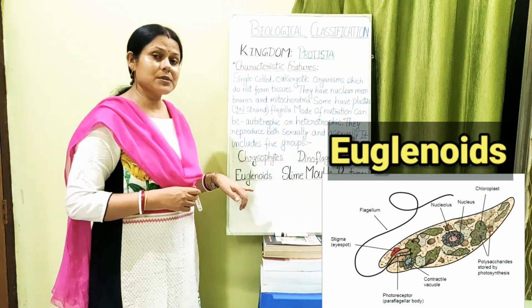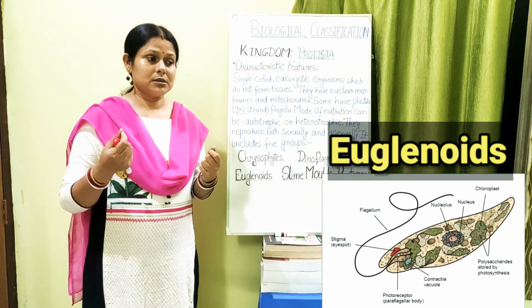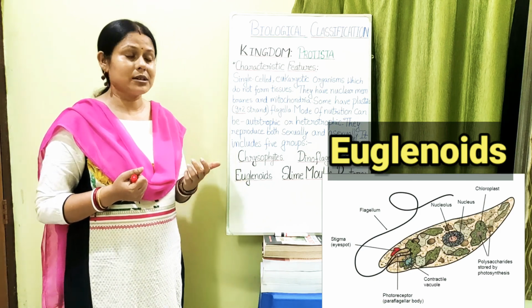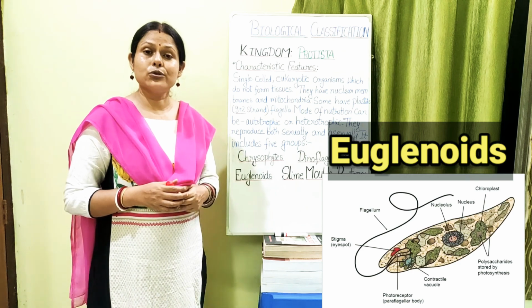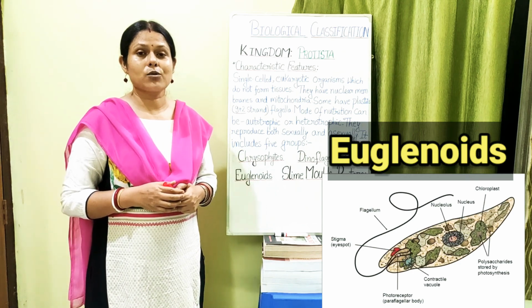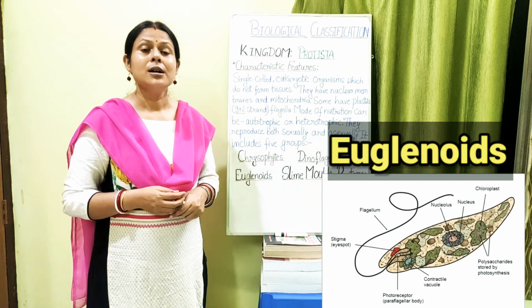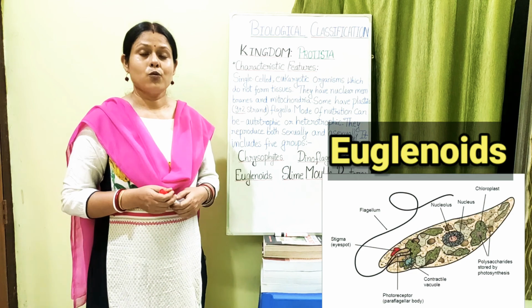These organisms are surrounded by a capsule-like structure which is called a pellicle. Rather, they don't have a cell wall around them. Now, euglenoids have a locomotory organ, called flagella. They have two flagella, one is smaller and one is bigger. With the help of this locomotory organ, they can easily move around in the water bodies.